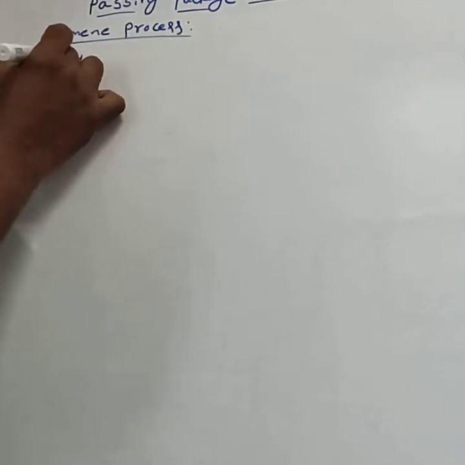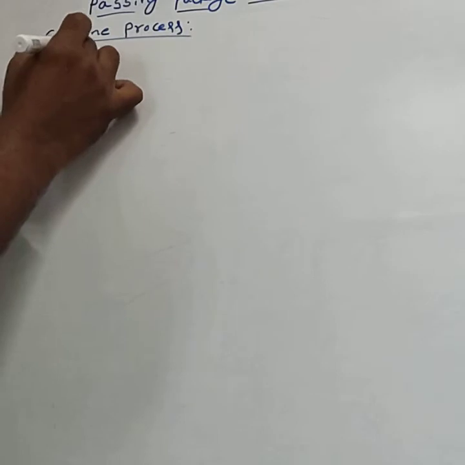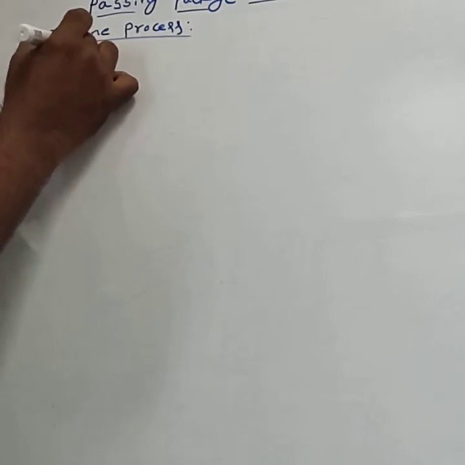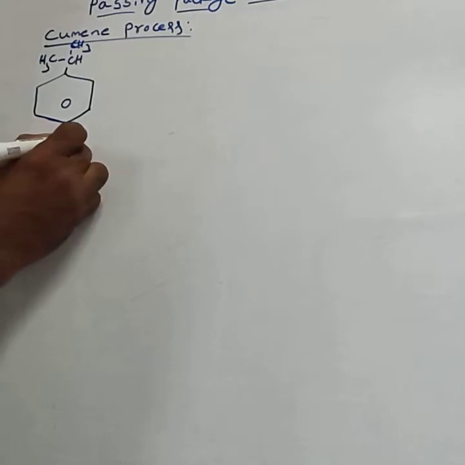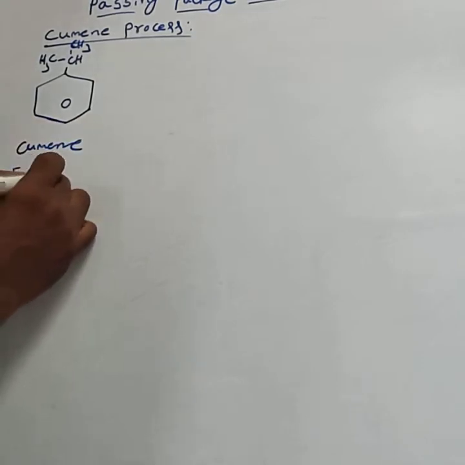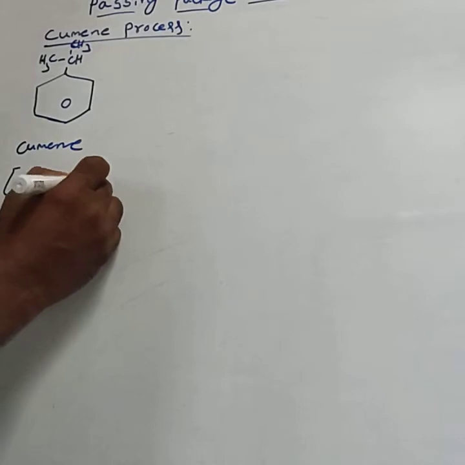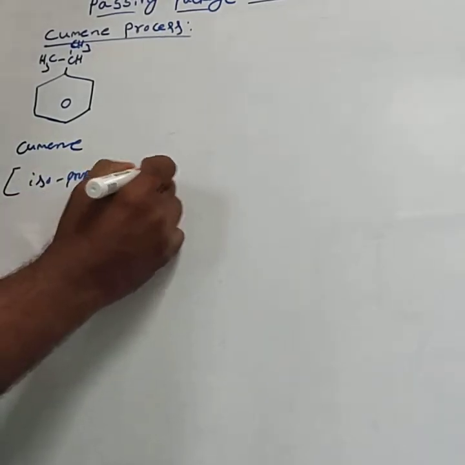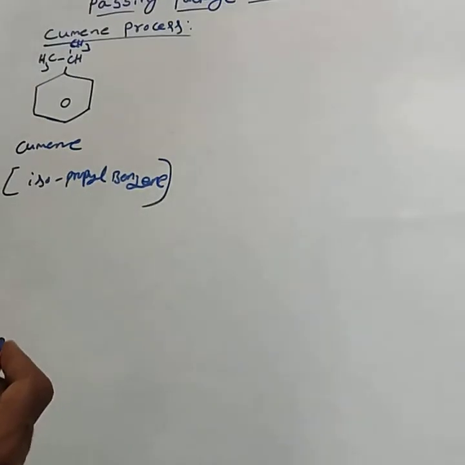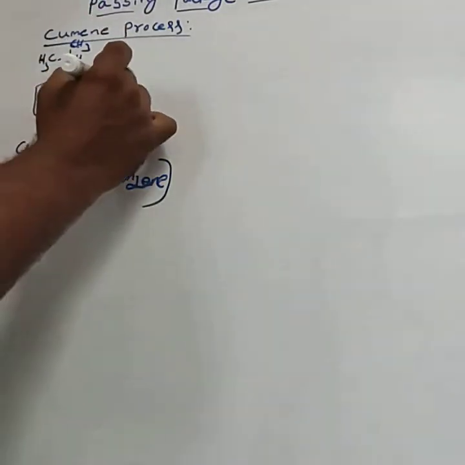This is the cumene structure. Cumene means isopropyl benzene. Isopropyl benzene is commonly called cumene.